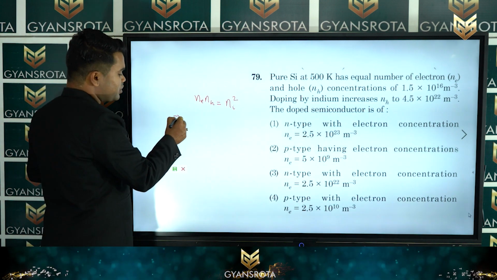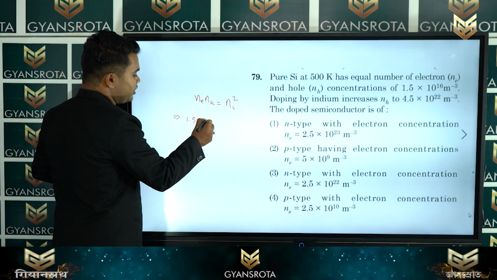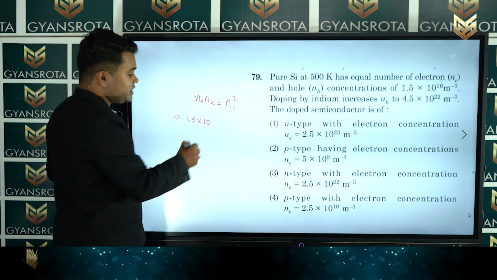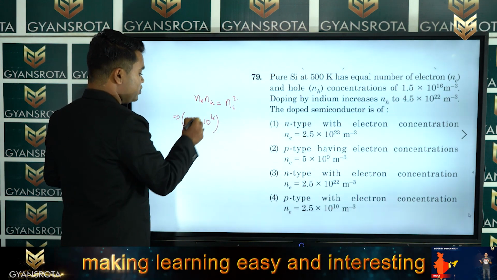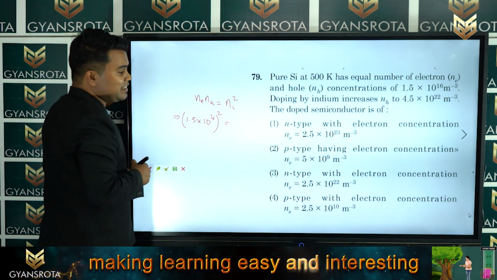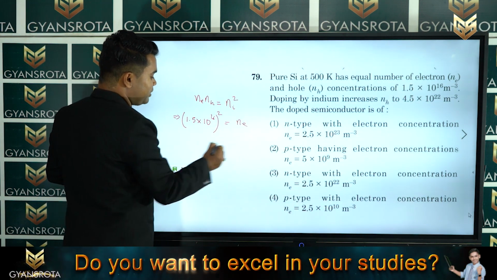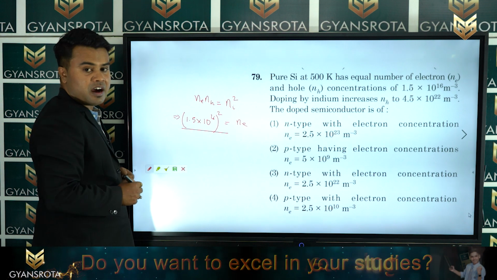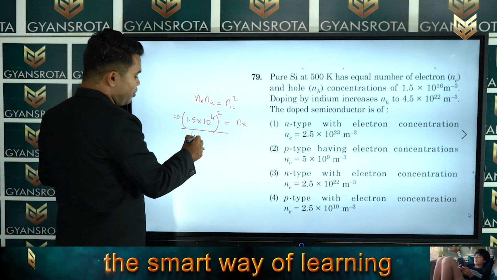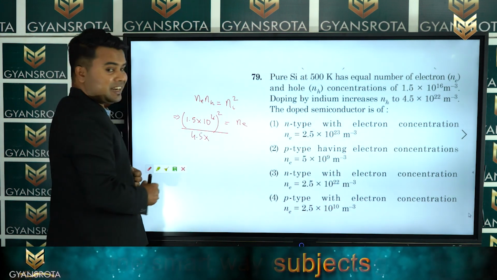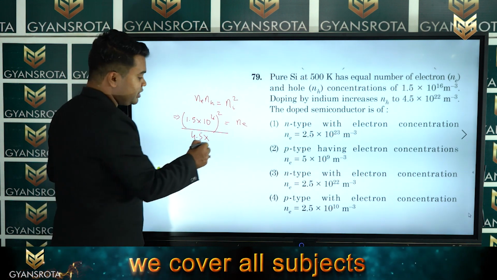Ni is 1.5 into 10 to the power 16, and this is Ni whole square. Ne you need to calculate, Nh is given to you, so I will keep Ne here and bring Nh here. Nh is 4.5 into 10 to the power 22.